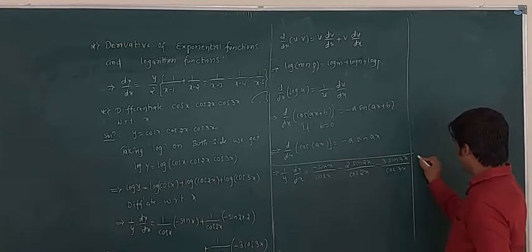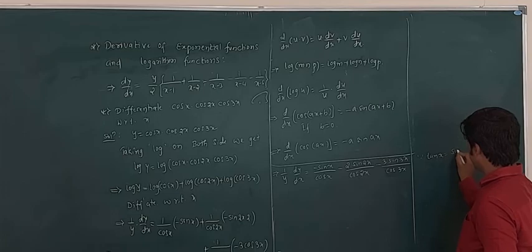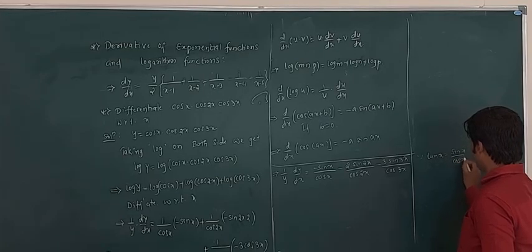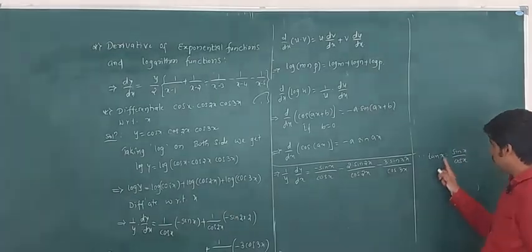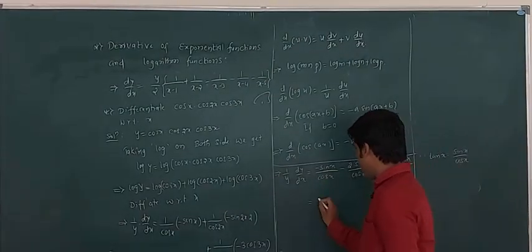Again we know that tan x is equal to sin x by cos x. Here minus sin x divided by cos x is minus tan x.